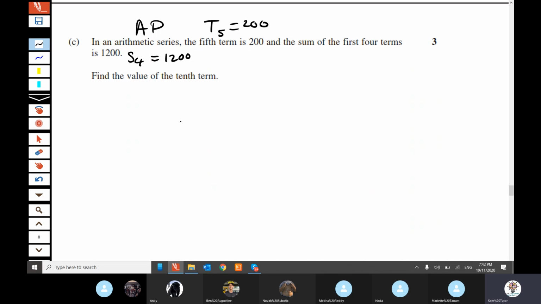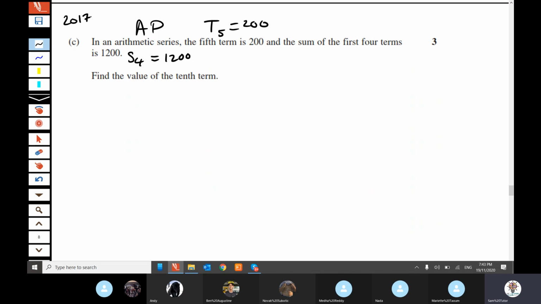I can see if the sum of the first 4 terms is 1200, and they gave me the 5th term as 200, then straight away I know my sum of 5 terms. But anyways, we're going to continue slowly.